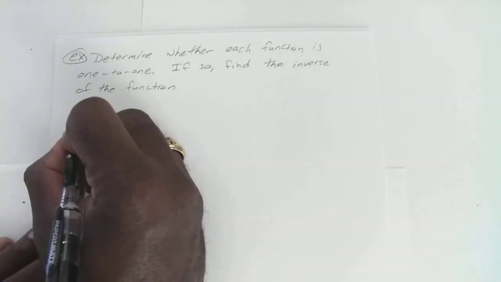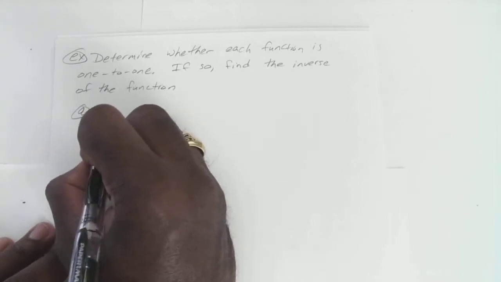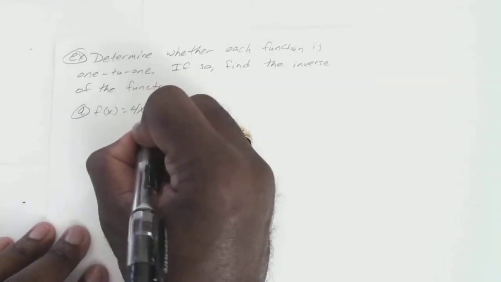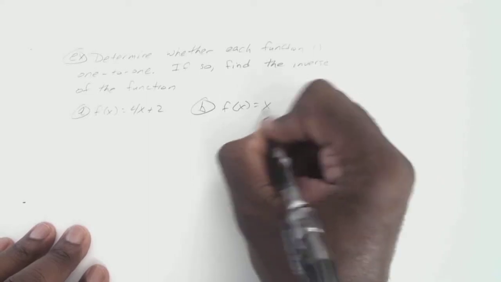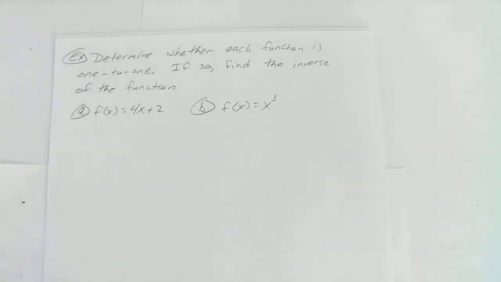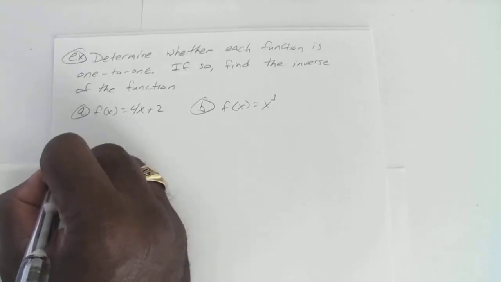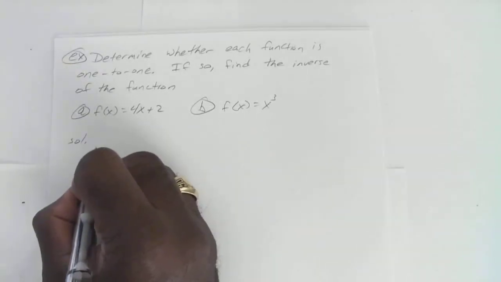Okay, so let's say first is our problem A, and we'll let that be f of x equals 4x plus 2. And for problem B, we'll find the inverse of f of x equals x to the third. Okay, so we'll start off with A.